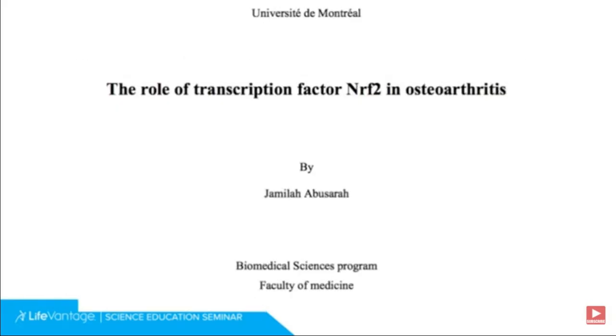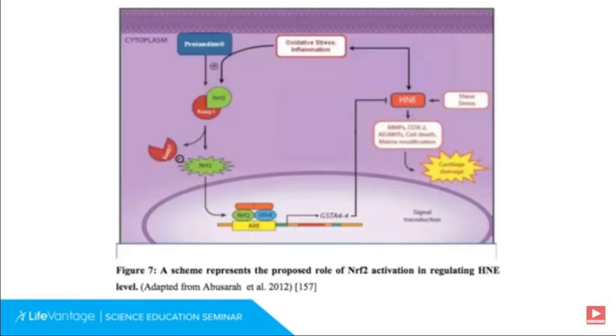Here was another thesis, PhD thesis from a person from University of Montreal, looking not at cancer, but rather at arthritis, osteoarthritis. And there's this one particular protein called HNE that is involved with cartilage damage in osteoarthritis.